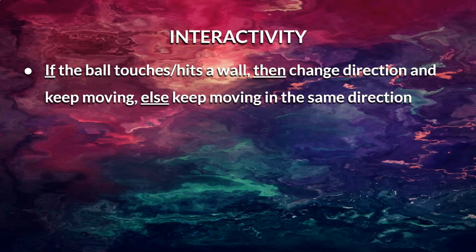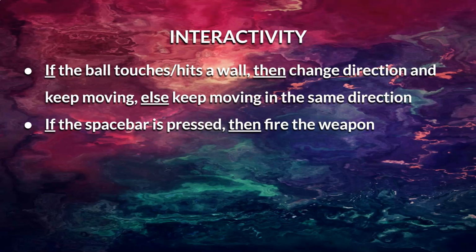Or is it going to bounce in a different direction, and so kind of bounce all over the screen? So basically you set up the scenario, okay, what happens when a ball hits something? If the ball hits a wall, it's going to change direction and keep moving. You can have it speed up, you can have it go at the same speed or slow down. It's your decision. But you have to come up with the idea.